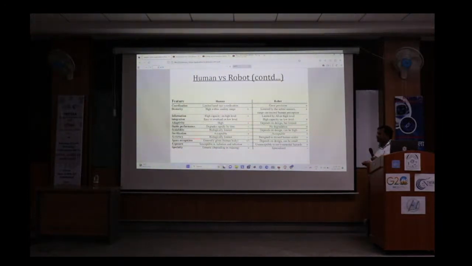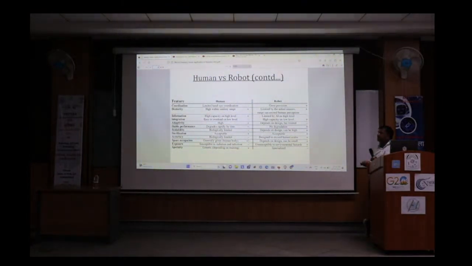Right. Then coming to accuracy, it is biologically limited. Okay, human beings have a limited accuracy. You cannot see something that is far away, right? Like if you have a camera, you can zoom and see what is located on the hilltop. But as a human being, I can try to zoom my eyes, but I cannot see that, right? So that is about accuracy.